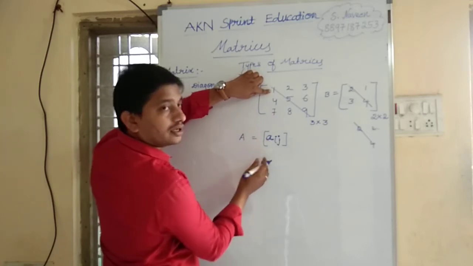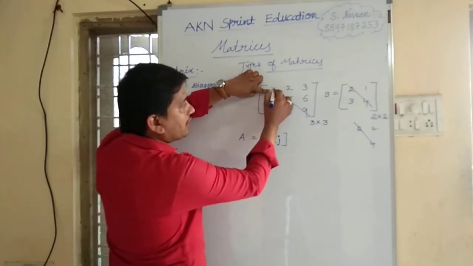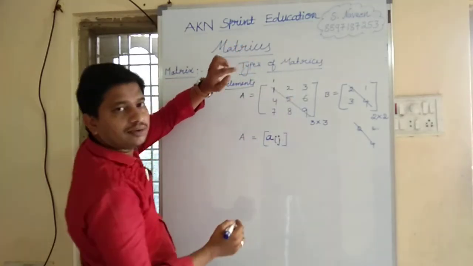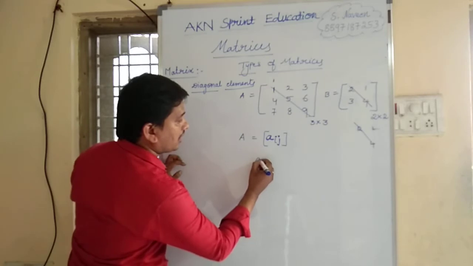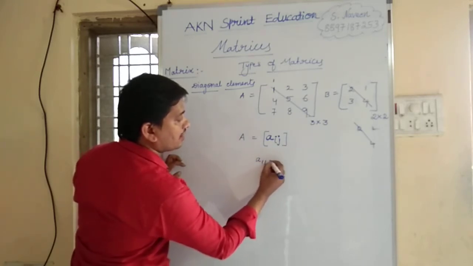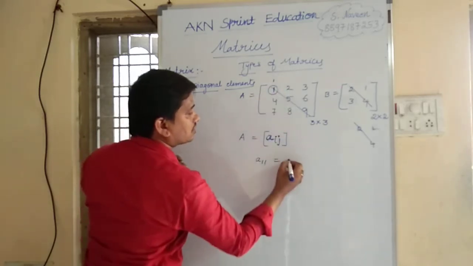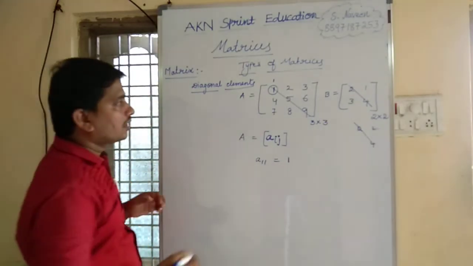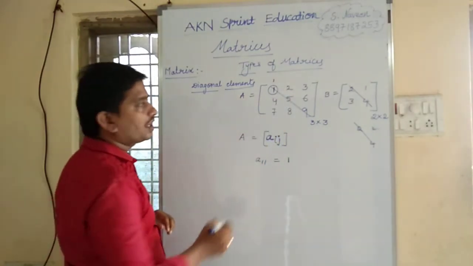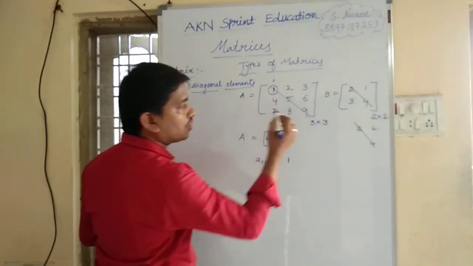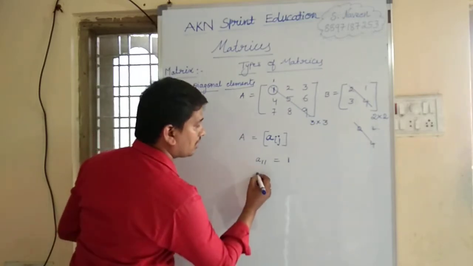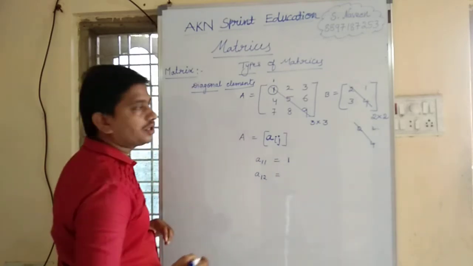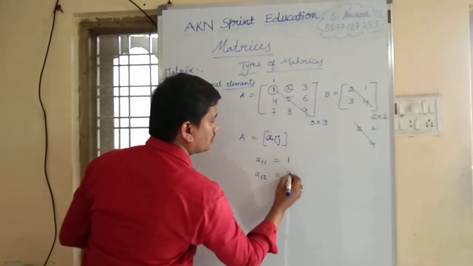If you observe the element 1, it is in the first row, first column, right? So A11 is equal to what, children? That is 1. Now coming to element 2, it is in the first row, second column, I mean the row is 1 and the column is 2. What is A12? A12 is 2, children.